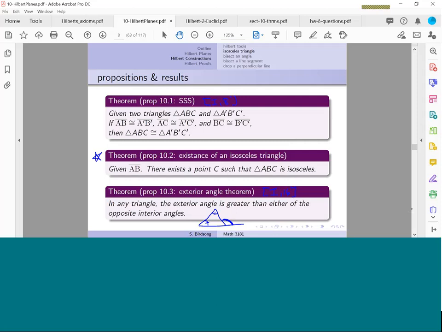Again, they both have names, which means you don't need to worry about the numbers if you don't want to. I would definitely not bother remembering the proposition number of the 10.1 or 10.3 because it's already got 2 other names. So that's the last bit of the behind-the-scenes theory. Everything else I've got in this section is more examples of construction.